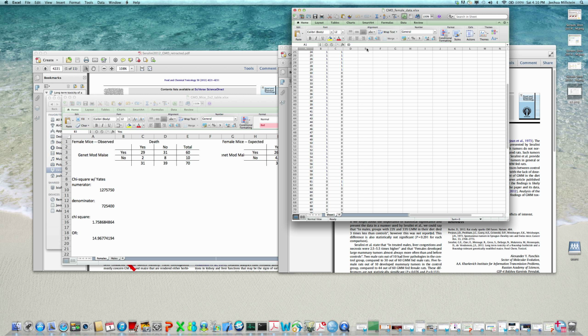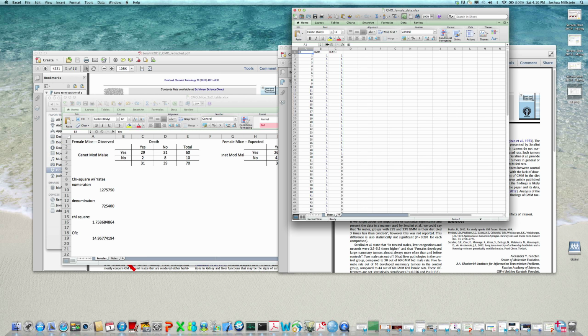We can put this in a data set format like this, where we have individual mice, 1 through however many mice we have, and in this case there were 70 mice total, 60 on the genetically modified diet and 10 in the control group. And we have 2 variables here: genetically modified maize, 1 if they ate it, and 0 if not.